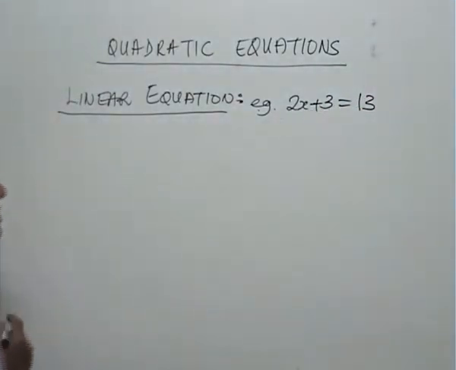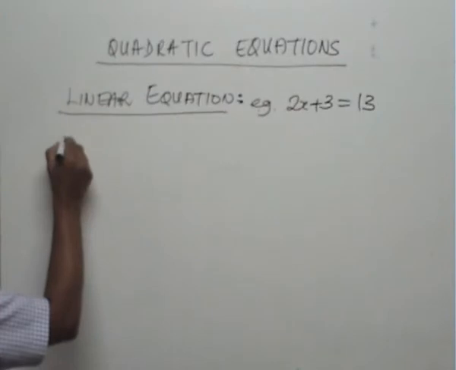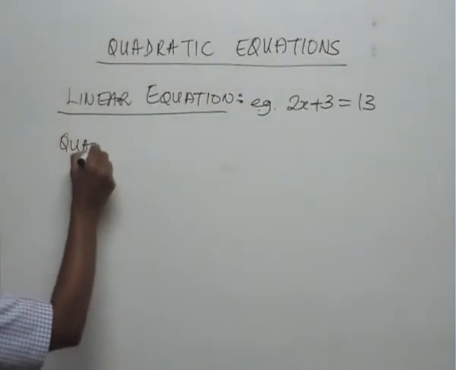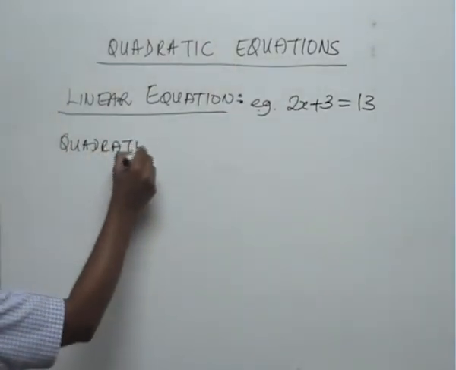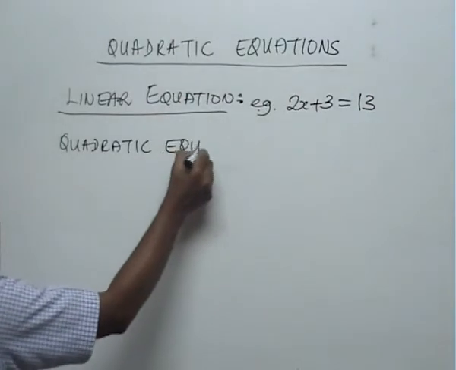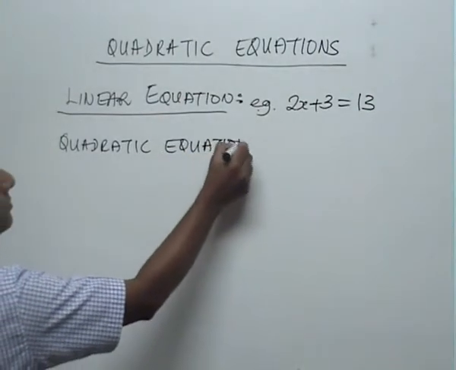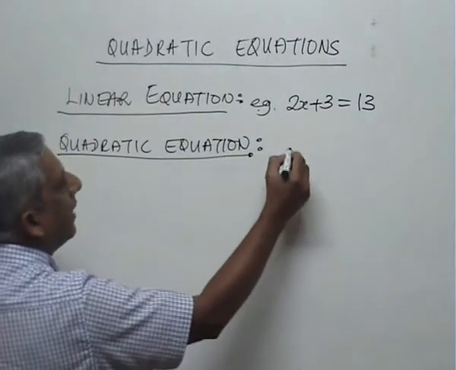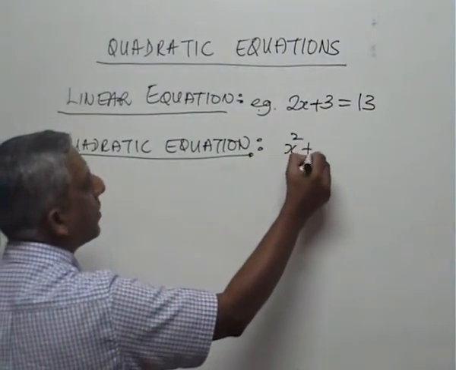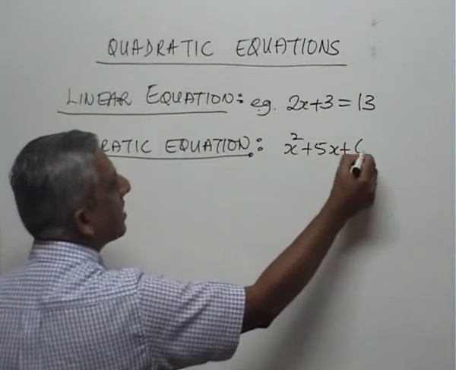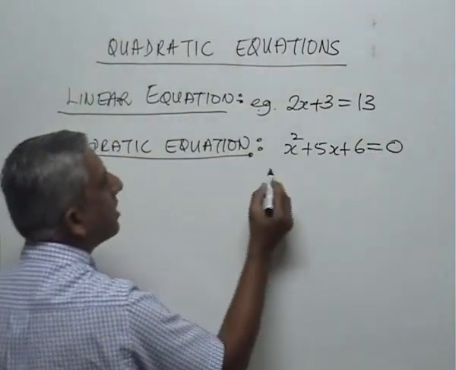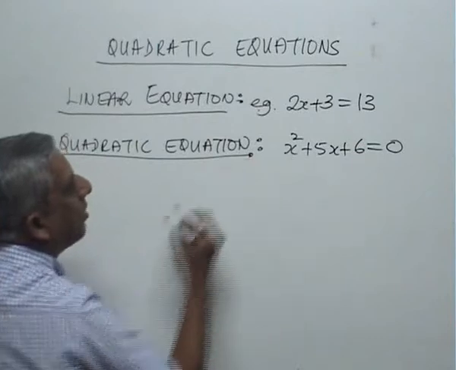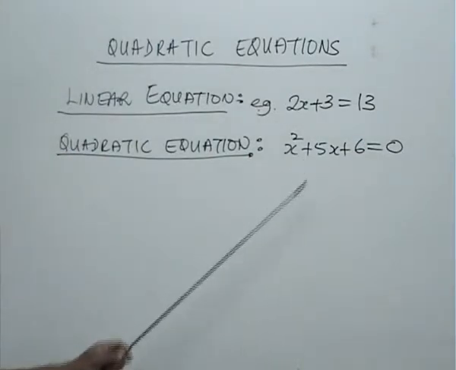That's an example of a linear equation. Now an example of a quadratic equation will be x squared plus 5x plus 6 is equal to 0. Now that's an example of a quadratic equation.